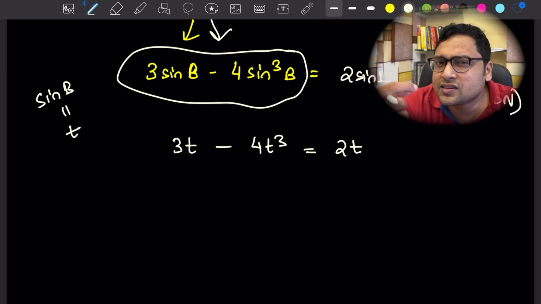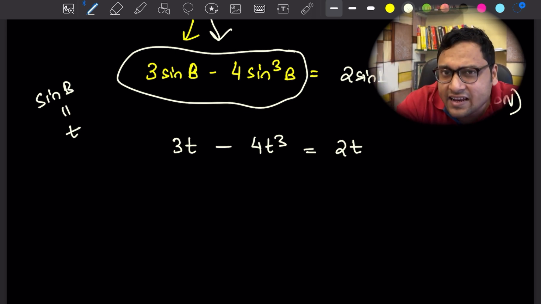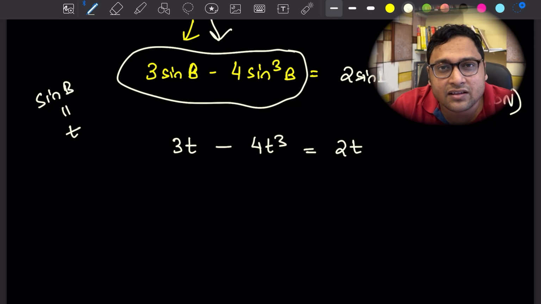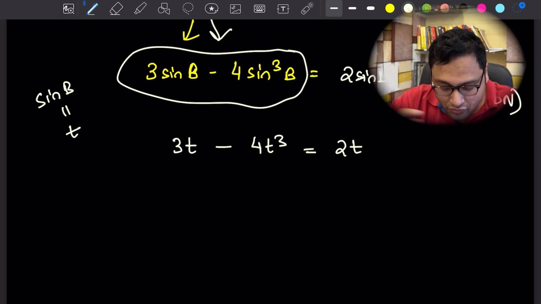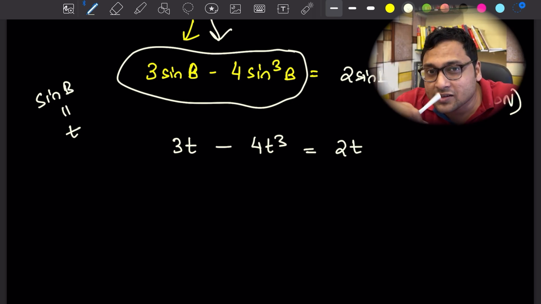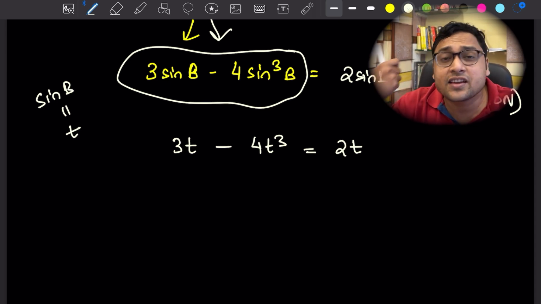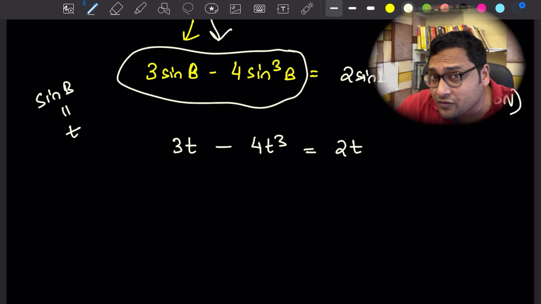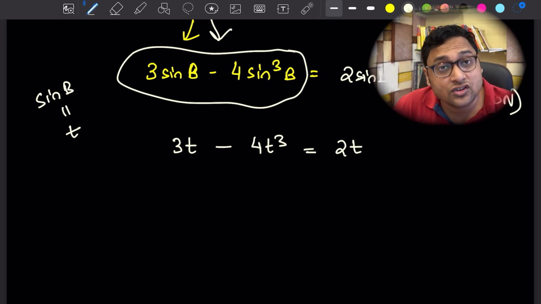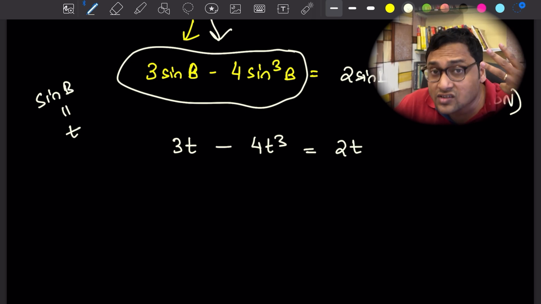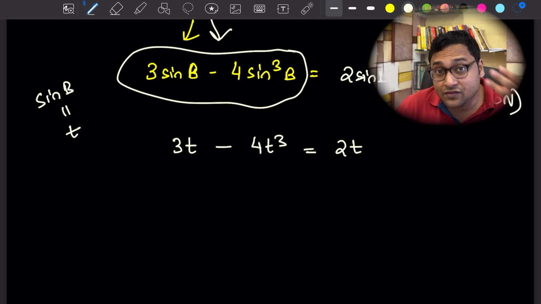But I'll not use t, I'll just use sine b. That will make the calculations simpler. I just use t for this one step to show you that this is just an equation which you can solve. It's a cubic equation that you can solve for the value of t. Of course, you will have 3 solutions. Cubic equations have 3 solutions.